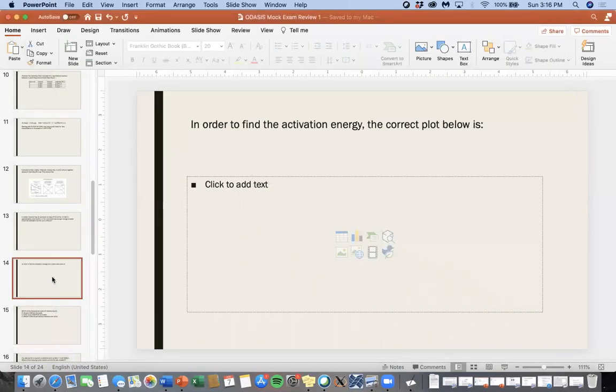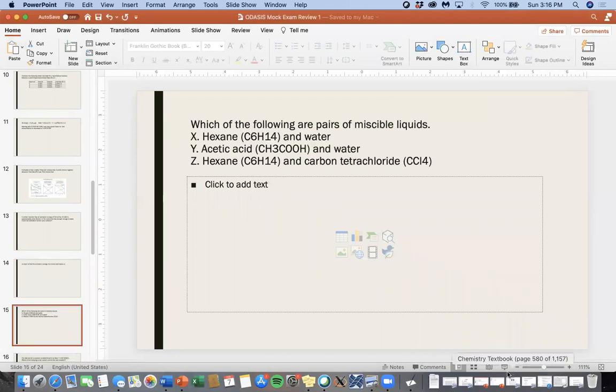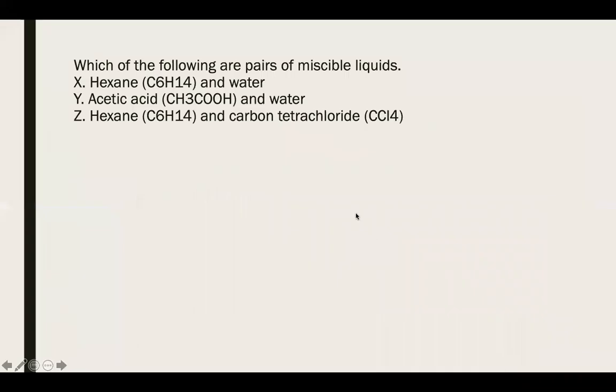Okay. So the next one is just asking which are miscible liquids. If you remember, miscible liquids are the ones that can combine together because they have similar forces. Like dissolves like, which means polar substances are going to dissolve into polar substances, and non-polar is going to dissolve into non-polar.